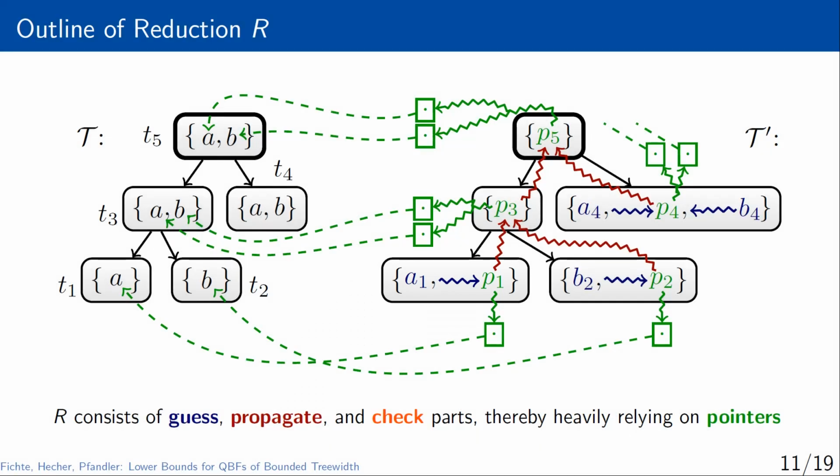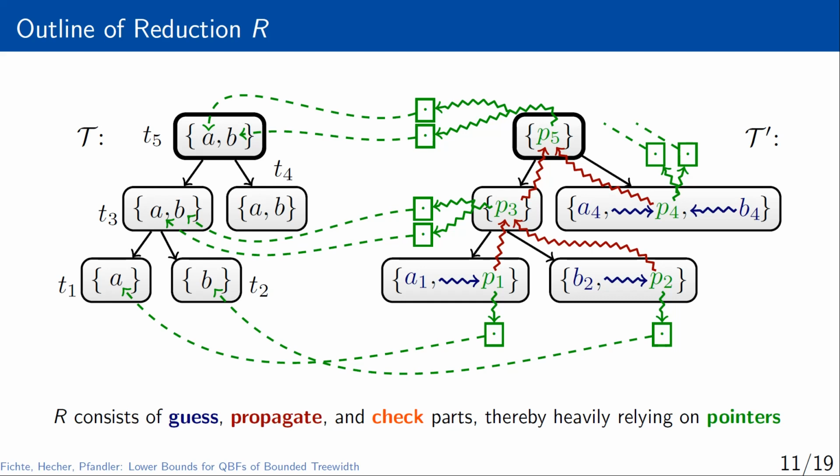And intuitively, in a bag on the right-hand side, we want to do the same thing, more or less, as in a bag on the left-hand side. It's just that on the right-hand side, we're not allowed to have as many bag elements as we have in a corresponding bag on the left-hand side.